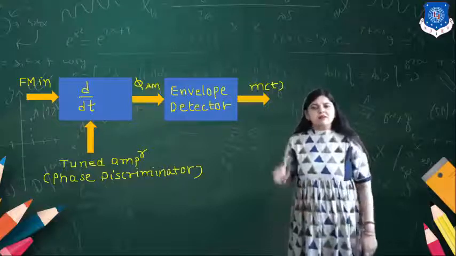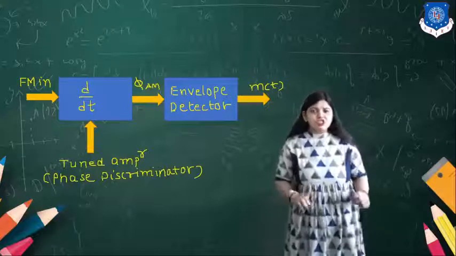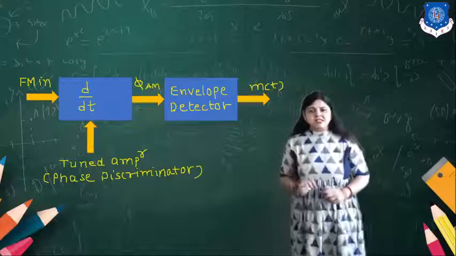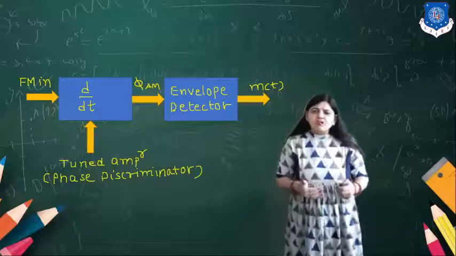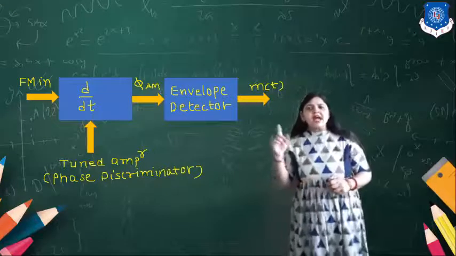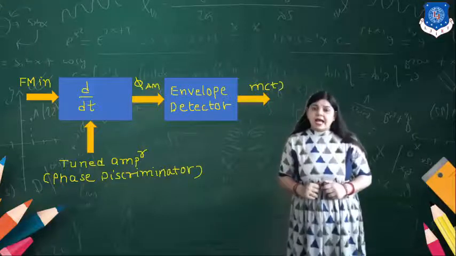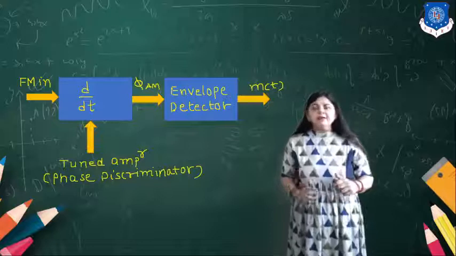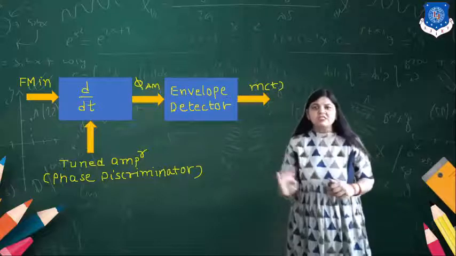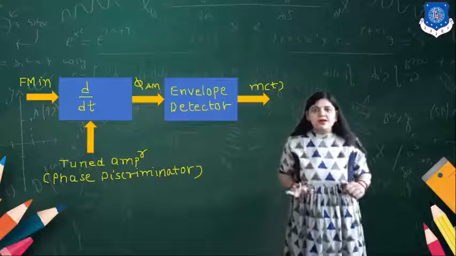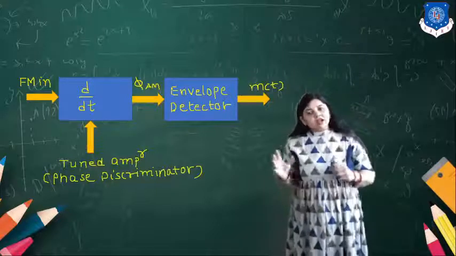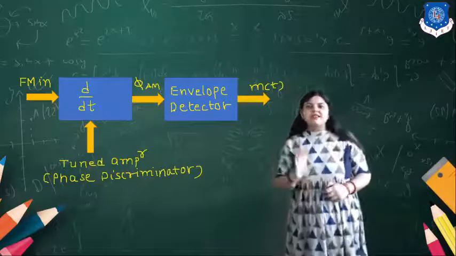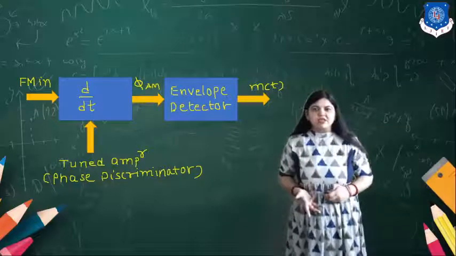This tuned amplifier, which acts as a phase discriminator, gives its output to the envelope detector. The envelope detector detects the amplitude variations and produces the envelope of the information signal, that is m(t).